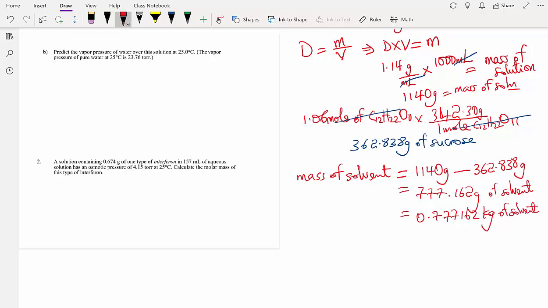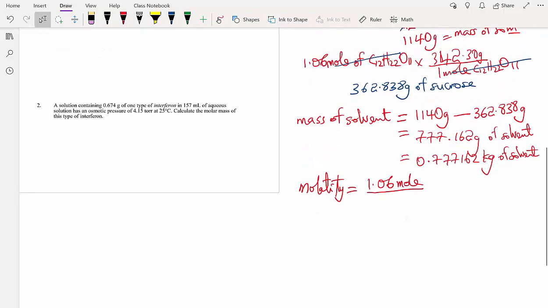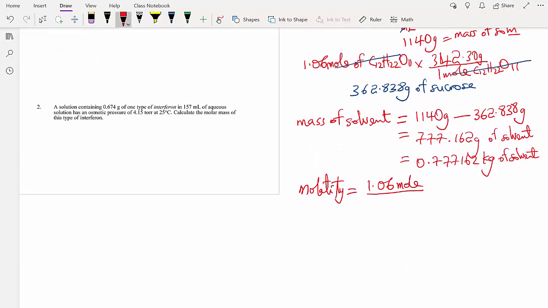So we can now find the molality of the solution. The molality will be equal to the moles of the solute, which is 1.06 mole, divided by the kilogram of the solvent, which is 0.777162 kilogram.